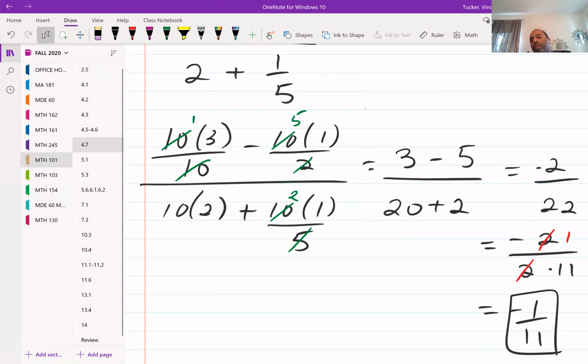Cancel out 2, and that'll leave you with negative 1 over 11. All right, any questions?